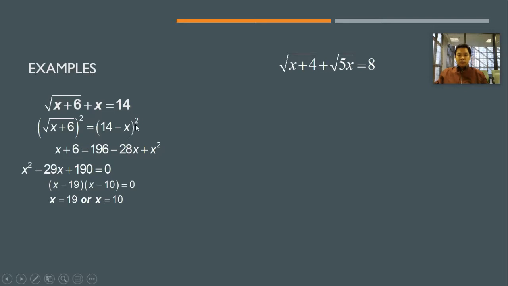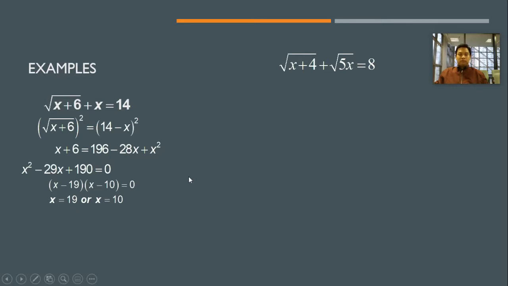Because we squared, we introduced another factor actually. Here we multiplied another 14 minus x. Here we multiplied another square root of x plus 6. So the effect is we can get values which do not really solve the equation.